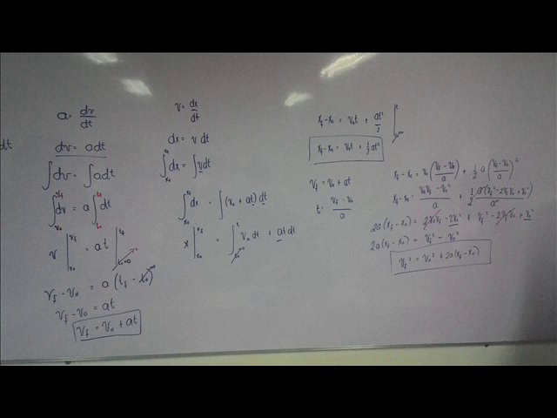Simplifying further, we'll now have x of f minus x of o is equal to what value? Ano ang integral ng v sub o dt? v sub o is constant kasi initial velocity binibigay lagi yan sa problem. That means, ano yung kuha mo dito? v o t. Mamaya i-evaluate natin yan.